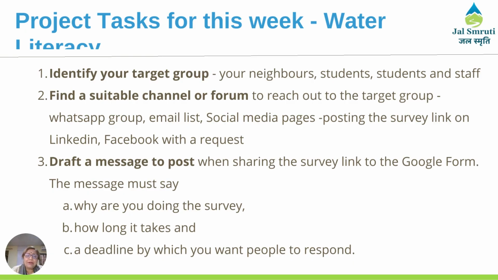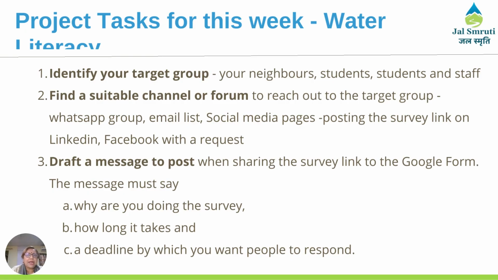So what do you do after targeting them? Once you have identified the people you want to reach out to, you have to identify the channel or forum through which you'll reach out, because it's not efficient to reach out to one person at a time.